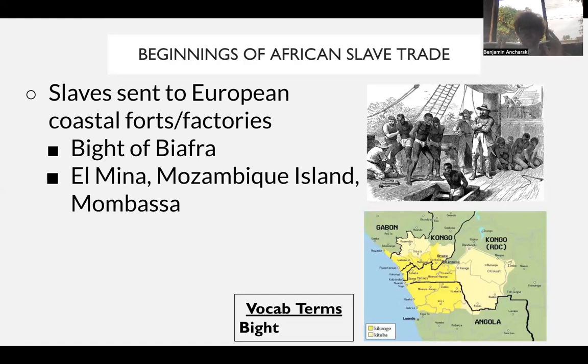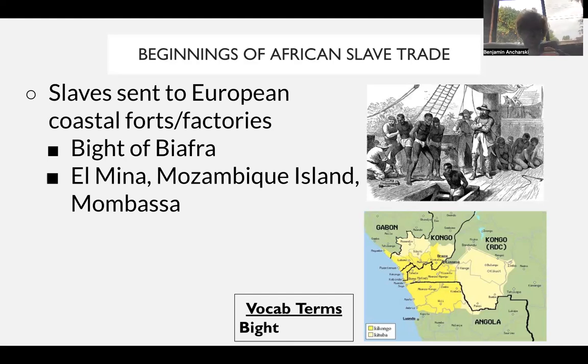For example, one of the biggest areas where slaves will be transported from Africa to the New World is in a region of West Africa, near the modern-day state of Angola, the Bight of Biafra. The Bight of Biafra is an area of West Africa. A bight is a shallow region that's suitable for port trading. It's a region of West Africa where we do see a lot of European outposts.